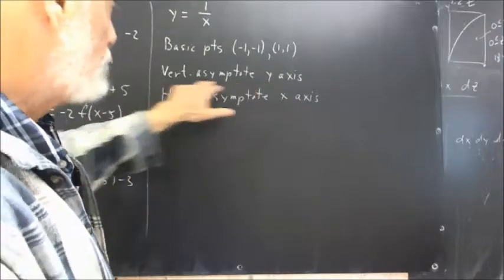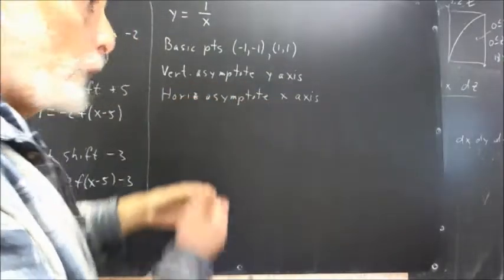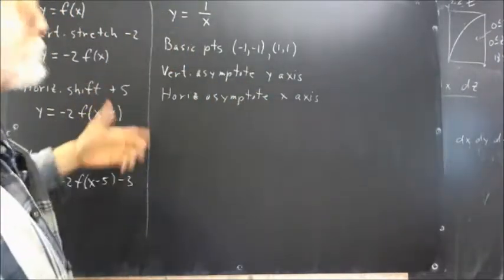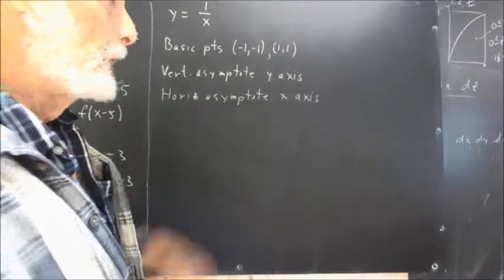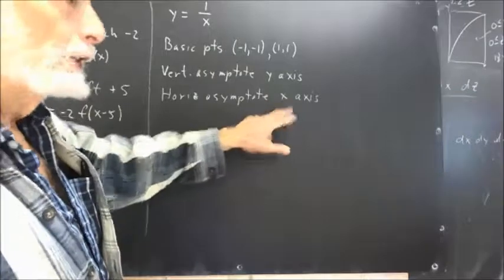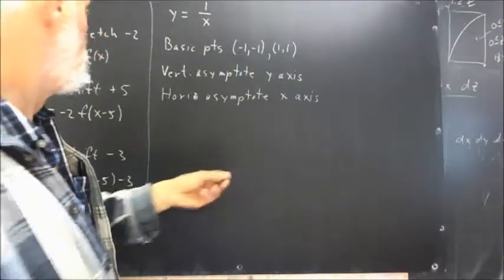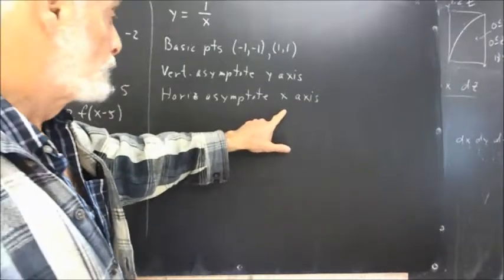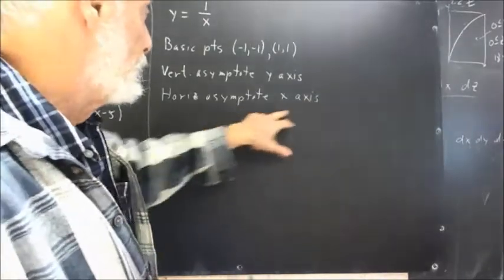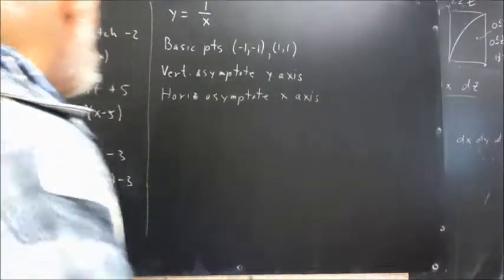So the vertical asymptote is still going to be with the y-axis if we vertically stretch it by a factor of -2. The horizontal asymptote, the x-axis. Every point on the x-axis has y-coordinate 0. So vertical stretch of -2 is not going to affect the x-axis at all. So the horizontal asymptote will still be with the x-axis.